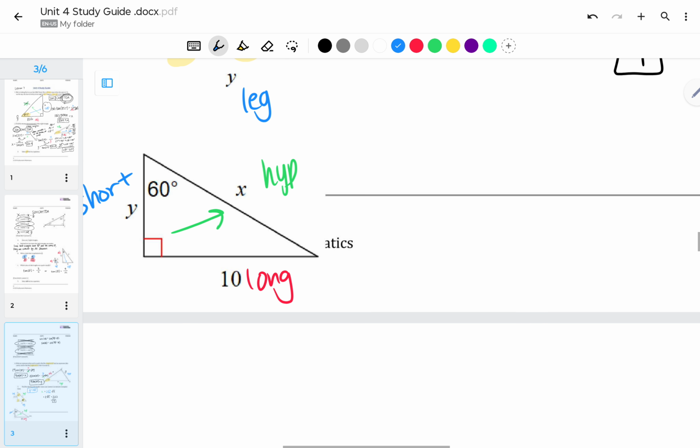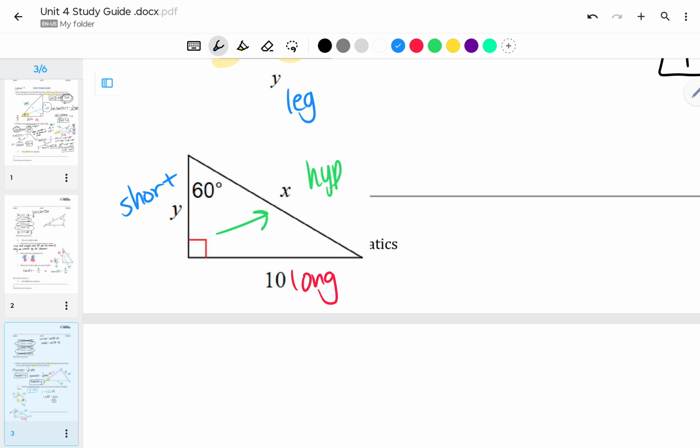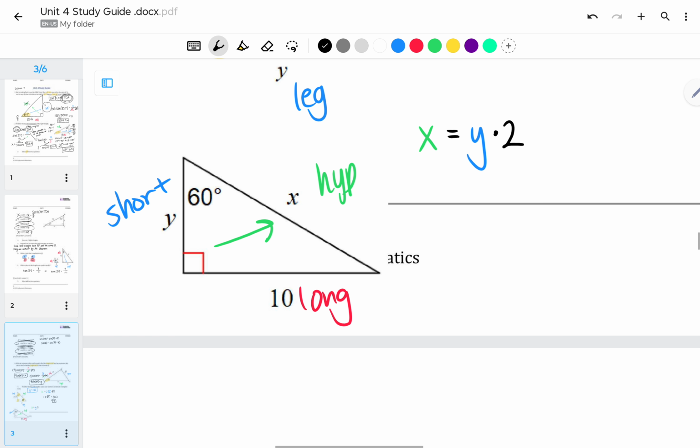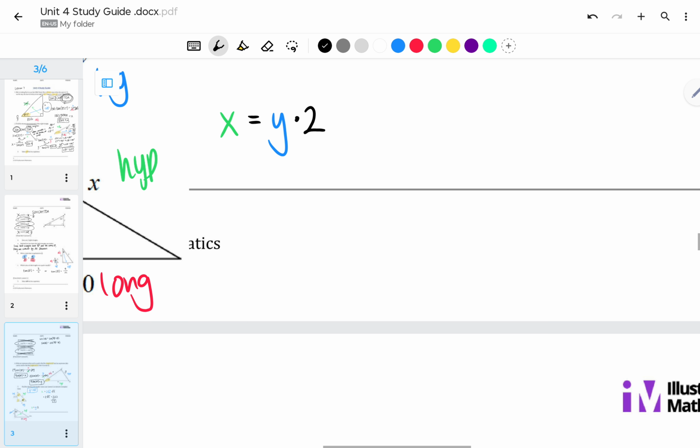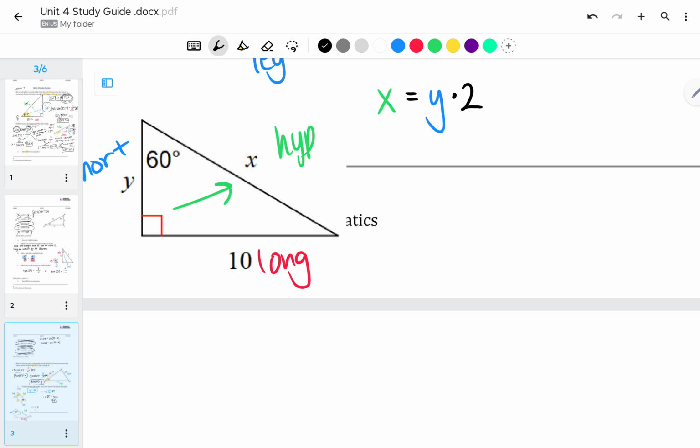So my first formula, hypotenuse equals short times 2. So that's x equals y times 2. Can I do anything with this formula? No. So I'm just going to go ahead and try to do something with my other formula, okay?